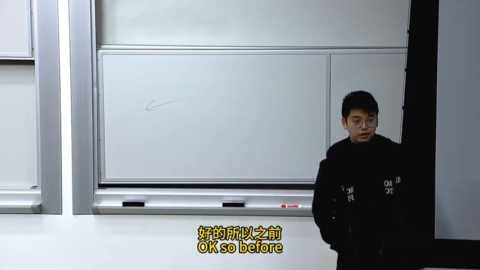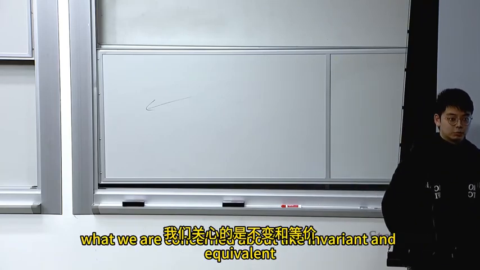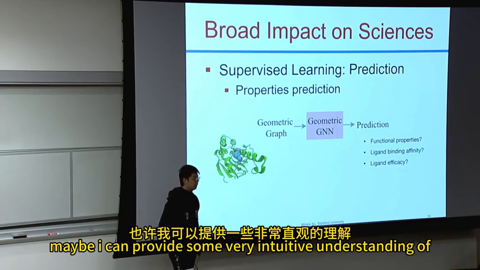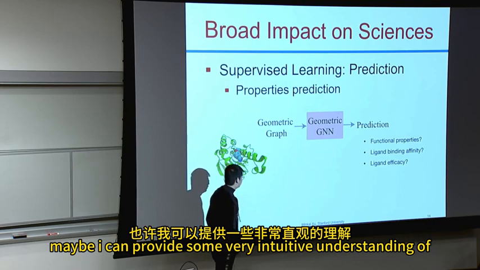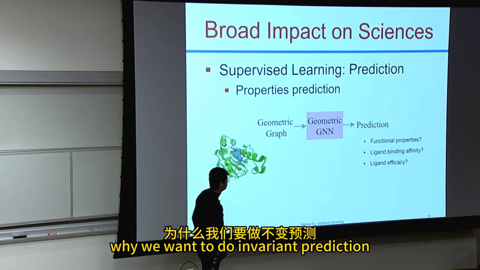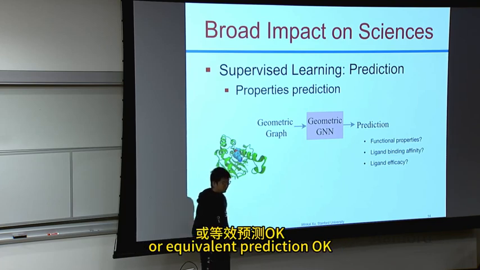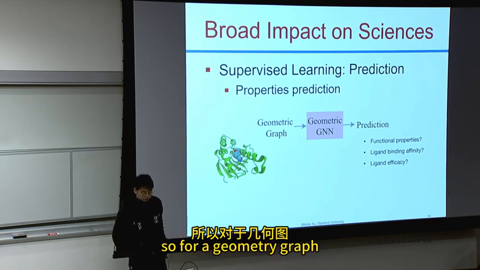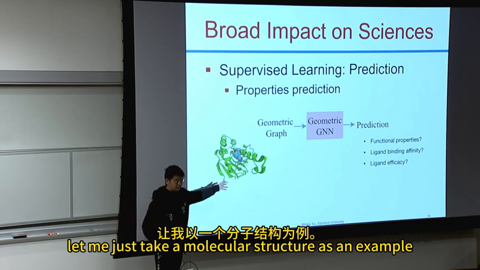Before I introduce what we are concerned about, like invariant and equivariant, maybe I can provide some very intuitive understanding of why we want to do invariant prediction or equivariant prediction. For geometric graphs, let me take a molecular structure as an example.